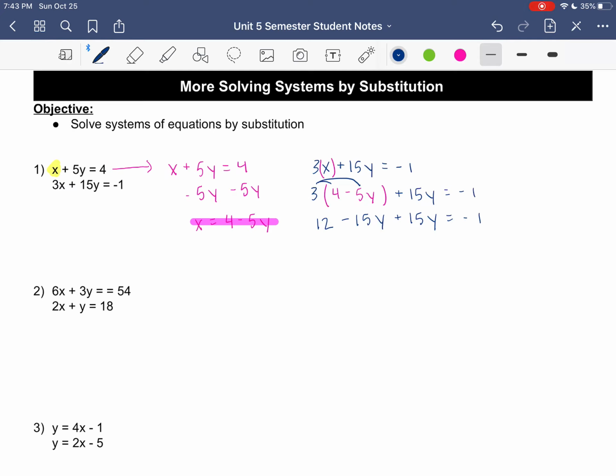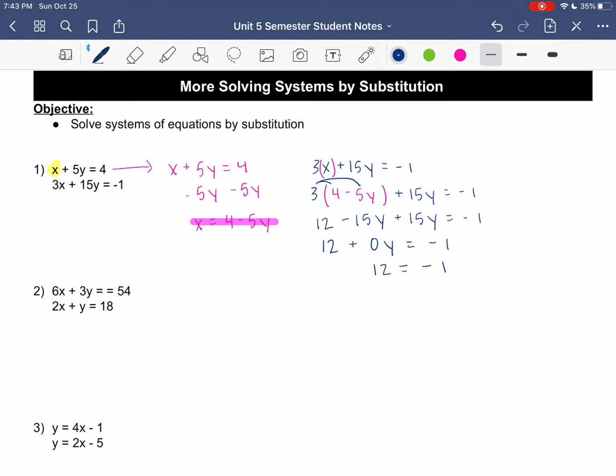So I see on this left side of my equal sign, I have negative 15y plus 15y, which would make 0y. So that's just going to leave me with, we'll actually write that out, 12 plus 0y equals negative 1. And 0y is, of course, just 0. So what that's leaving us with is 12 equals negative 1.